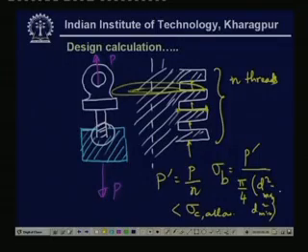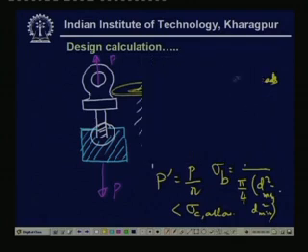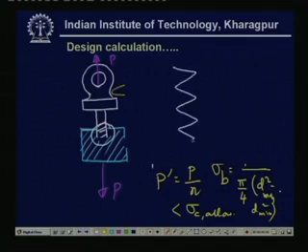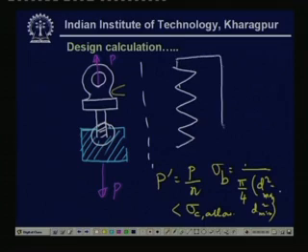What happens is that the first few threads, where the contact first appears, here. So, this is the screw profile and this is the nut, let us say. Here we apply, suppose, the force P.